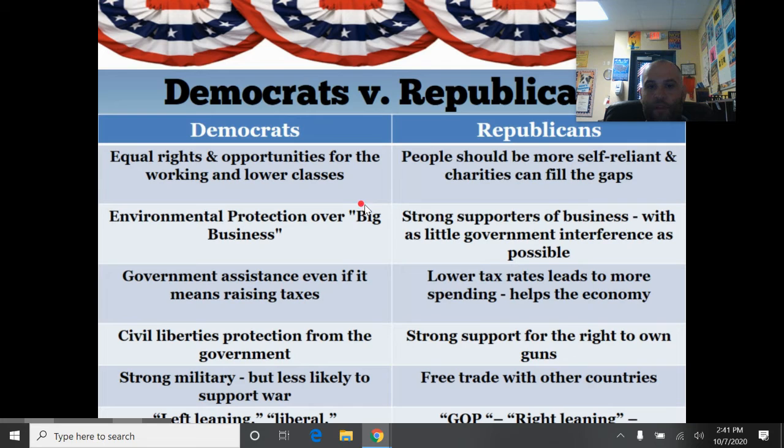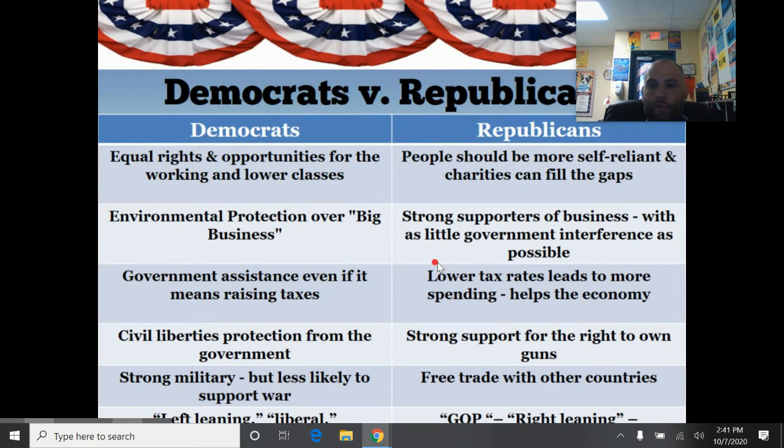Democrats here: environmental protection over big business. Stop big businesses from polluting and hurting the environment. And Republicans are very pro-business, so they wouldn't want government interference that would cost businesses money or anything like that. This one says government assistance, even if it means raising taxes to provide health care and food stamps and college.